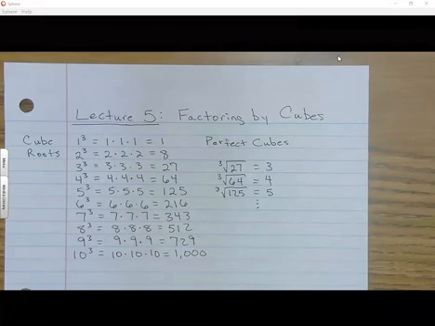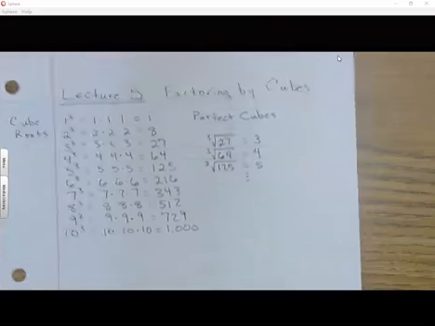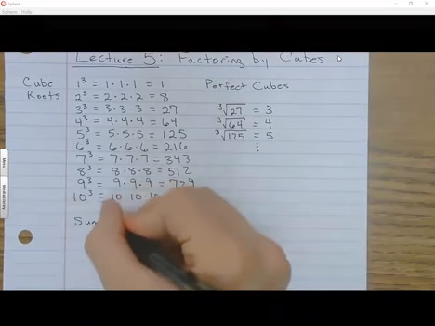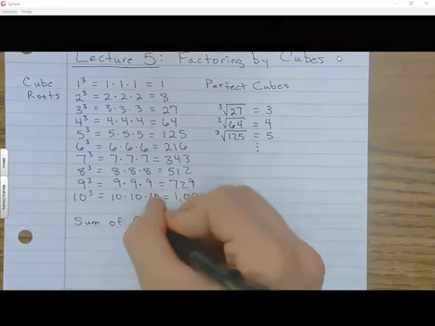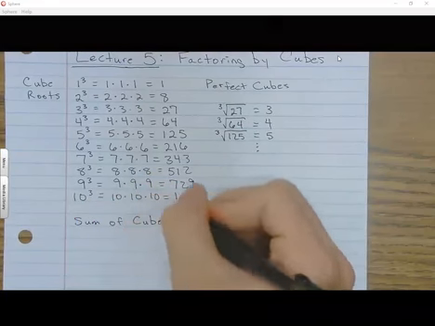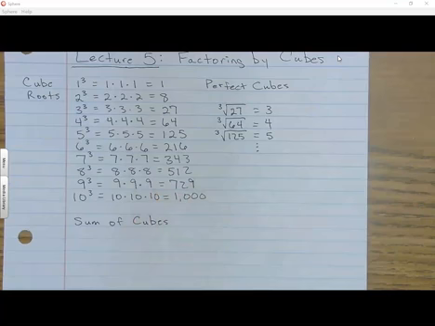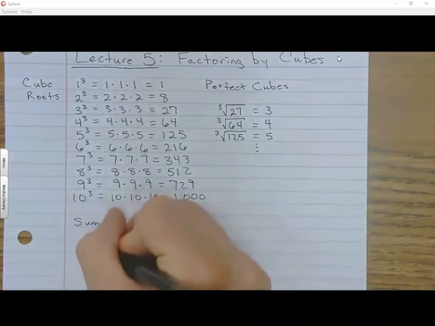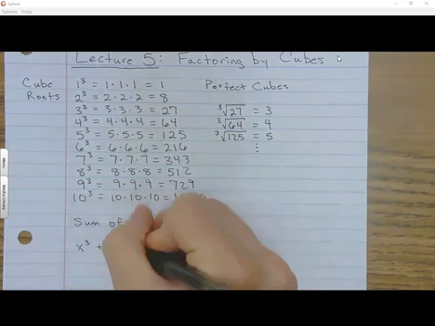Let's do sum of cubes first. Sum of cubes. Okay, so the way this goes is you're going to have something cubed plus something cubed. So let's start off with x cubed plus y cubed.